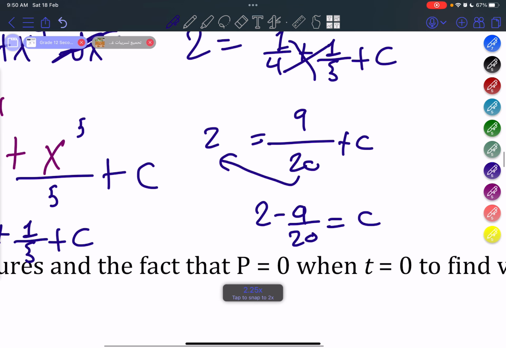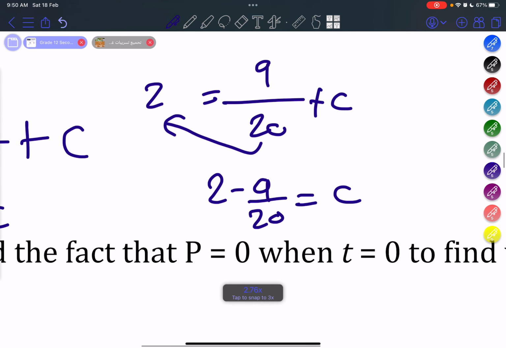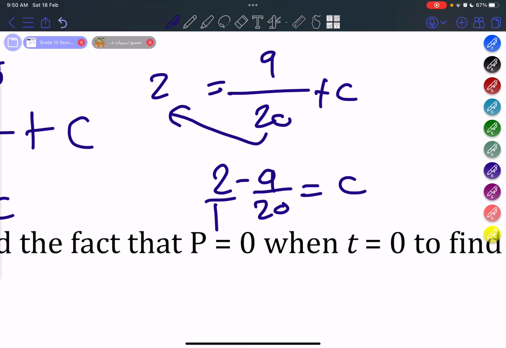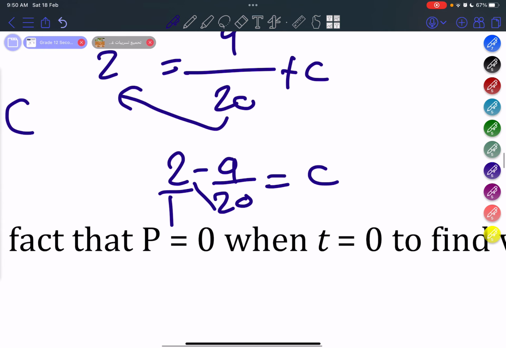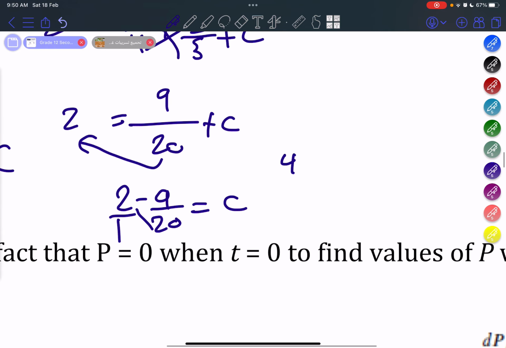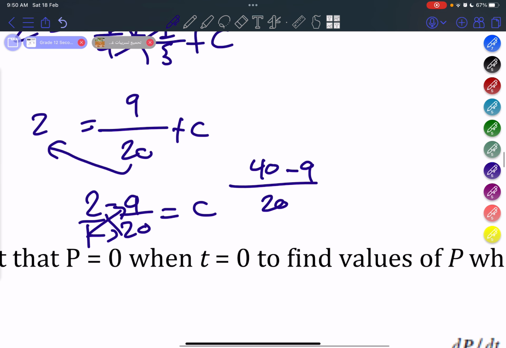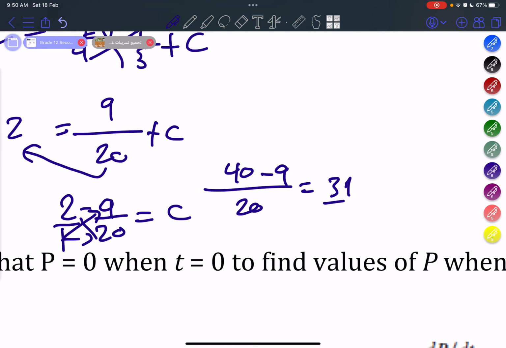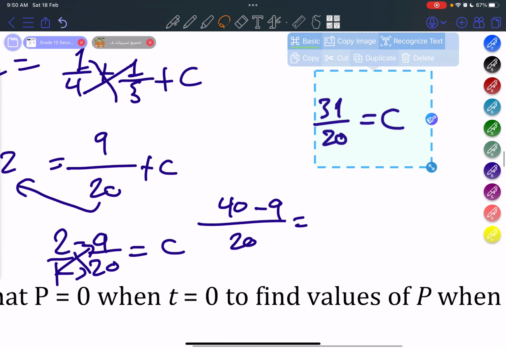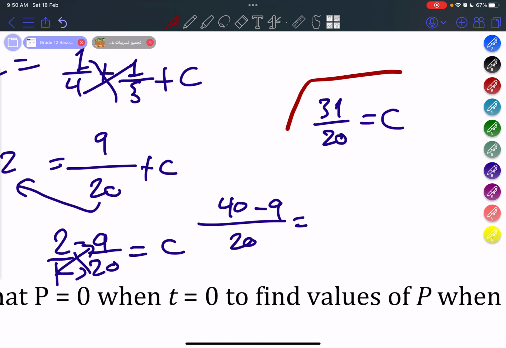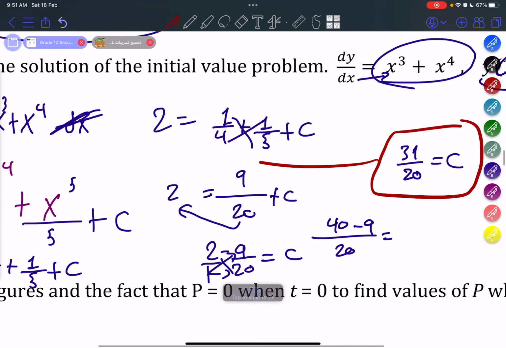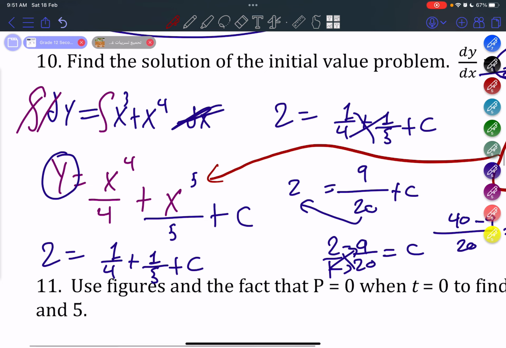I'll just do it normally. Again, we cross multiply, so 20 times 2 gets us 40, and then minus 9 over 1 times 20, which is 20. So 40 minus 9 is 31 over 20, and that is the value of c. Now we take this value of c and substitute it in this equation.